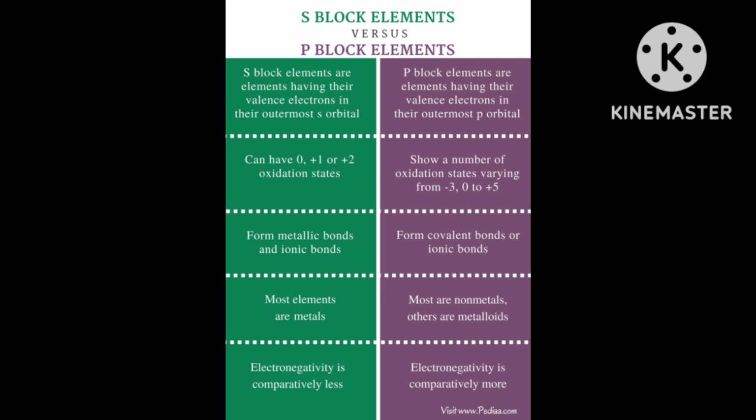One more thing here you should understand. First, I told you that boiling points and melting points of the alkali metals are low, indicating weak metallic bonding due to the presence of only a single valence electron.